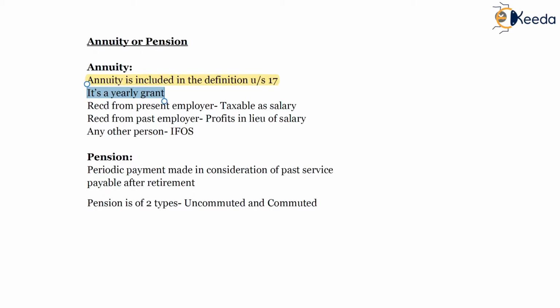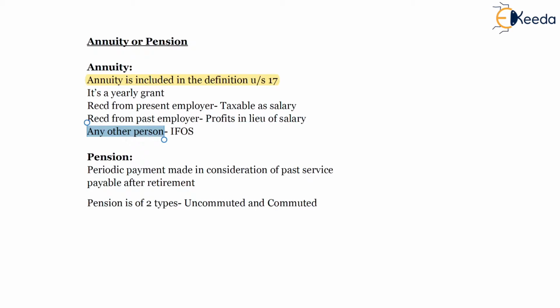It is a yearly grant received. If received from the present employer, then taxable as salary. If received from the past employer, then it is profits in lieu of salary, taxable under section 17, sub-section 3. If received from any other person, then income from other sources.